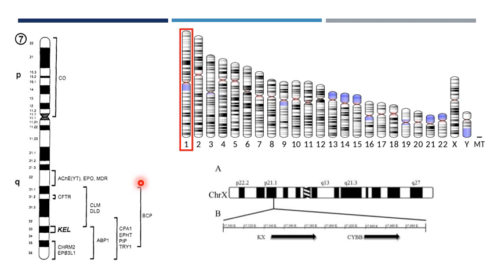Again, the Kel gene is located at chromosome 7 at position 7q33, and the XK gene is located at the short arm of the X chromosome at position Xp21.1.